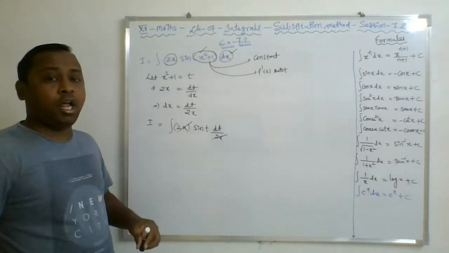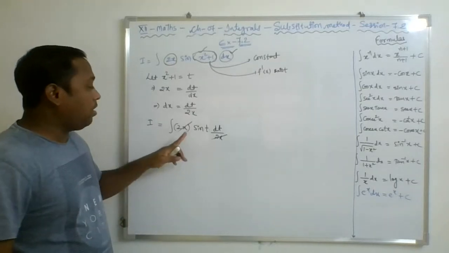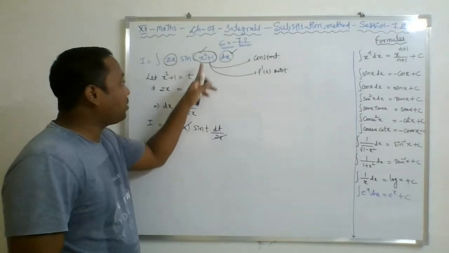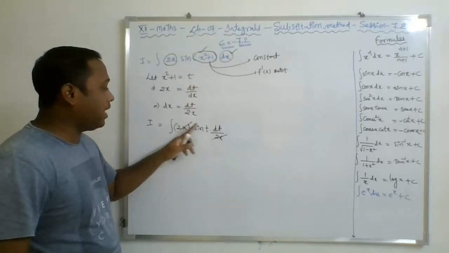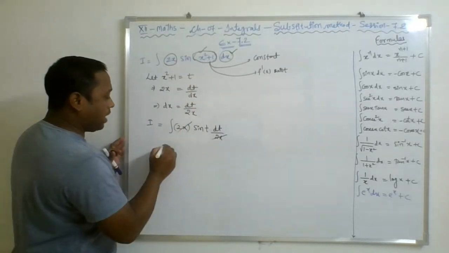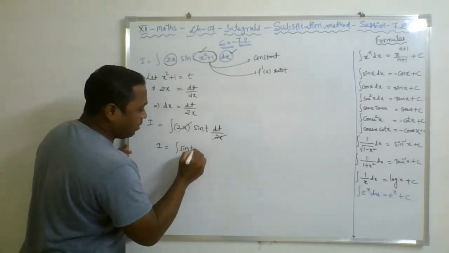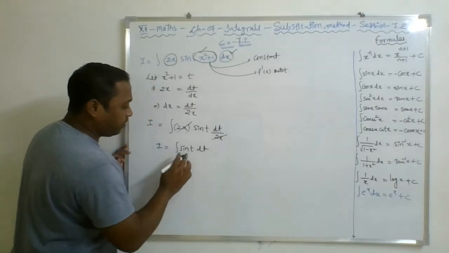I think now you have observed why we are taking it this way: when you take the function as t, the derivative will get cancelled. So finally we are always left with a standard function, sin t.